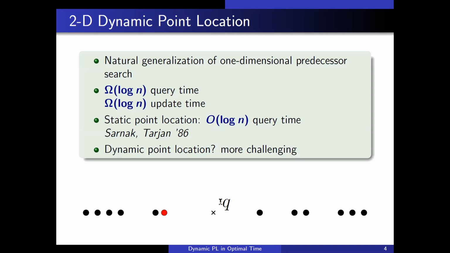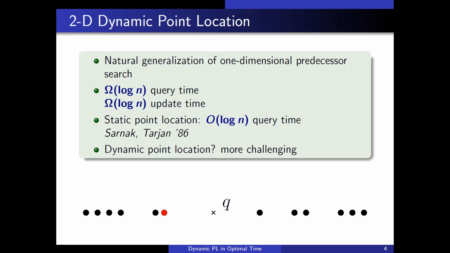And when we're given a query point Q, we look for the largest point smaller or equal to Q, like this red one would be, for example, the answer to this query Q. If our point coordinates are reals, then the problem has a logarithmic lower bound on both queries and updates. So the best we can hope to achieve is logarithmic time for queries and logarithmic time for updates.